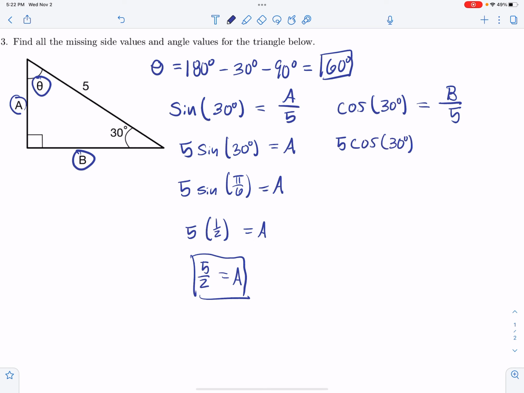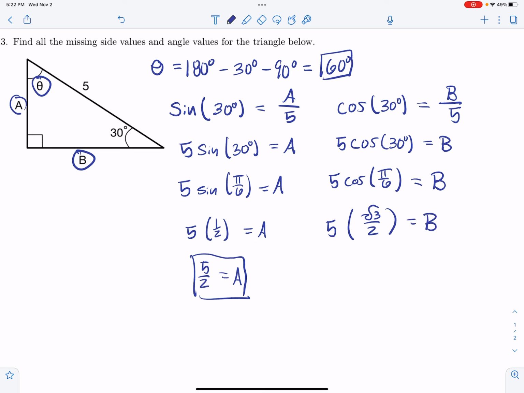We get 5 cosine of 30 degrees equals B. And then we can convert 30 degrees into radians. So we get 5 cosine of pi over 6 equals B. And then you can use your unit circle to see that the cosine of pi over 6 is square root 3 over 2. So we get 5 times the square root of 3 over 2 equals B.